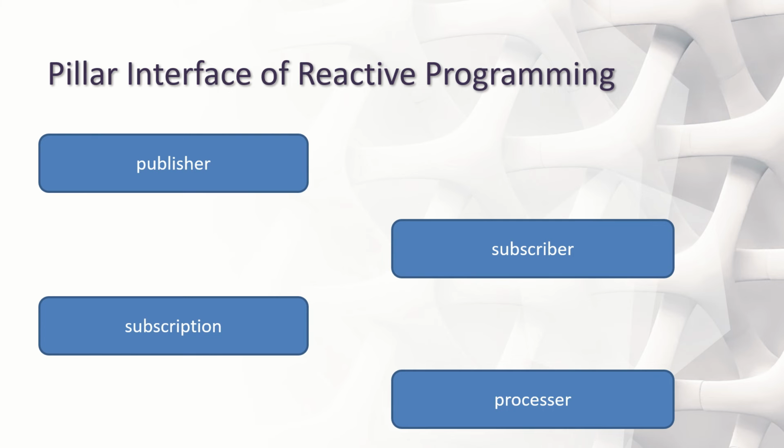Each of them you need to remember, you need to learn by heart, I would say, and they have a couple of methods inside them. These are the interfaces, so they have abstract methods inside them. We'll discuss each of the methods one by one. So these are the four pillar interfaces of reactive programming: publisher, subscriber, subscription, and processor. Let's go to the next slide.